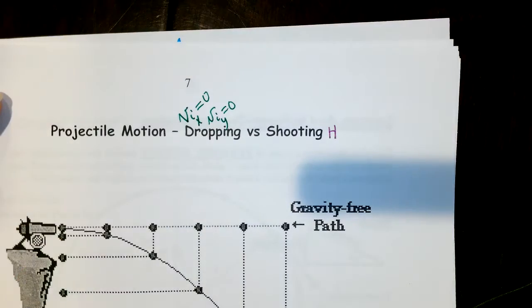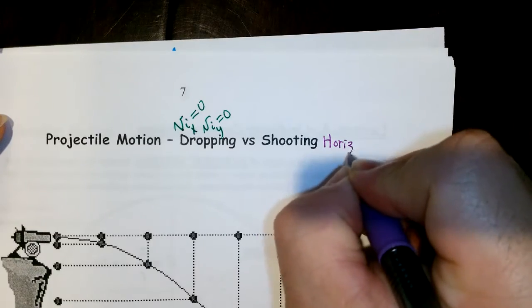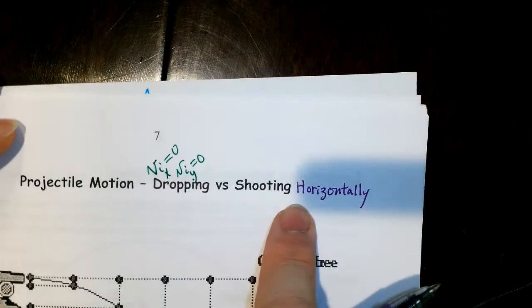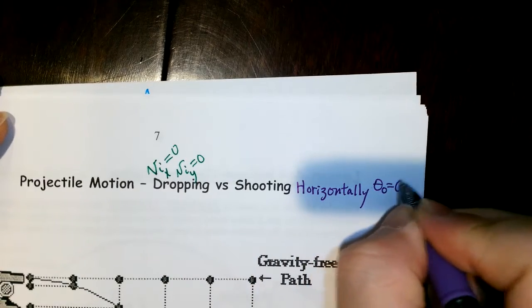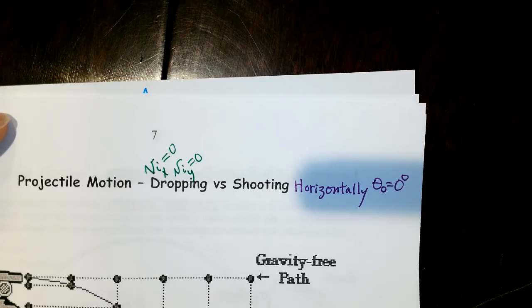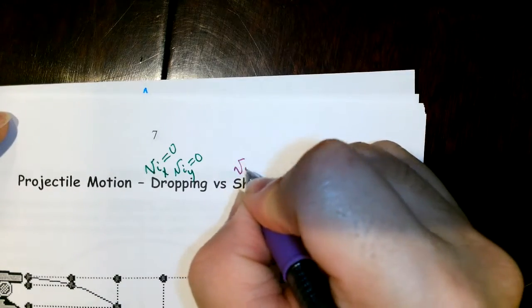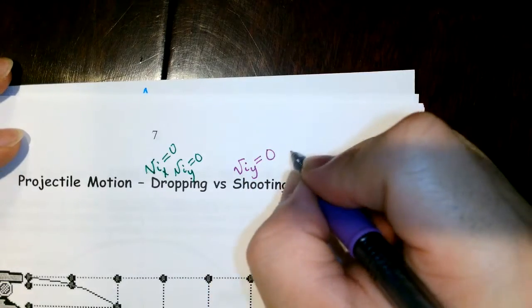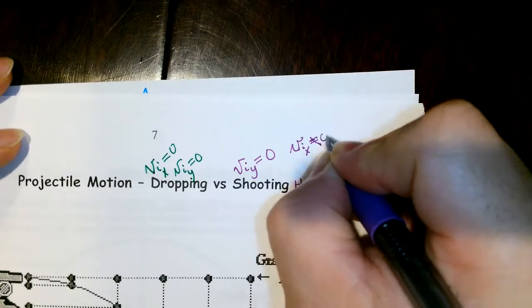If you shoot it at an angle, it doesn't become the same thing anymore. When you're shooting something horizontally, that means your theta naught is equal to 0 degrees. In this case, your Viy is 0, but your Vix is not 0. Okay?